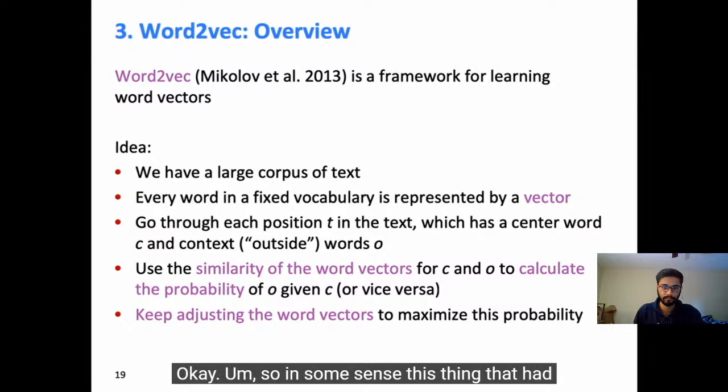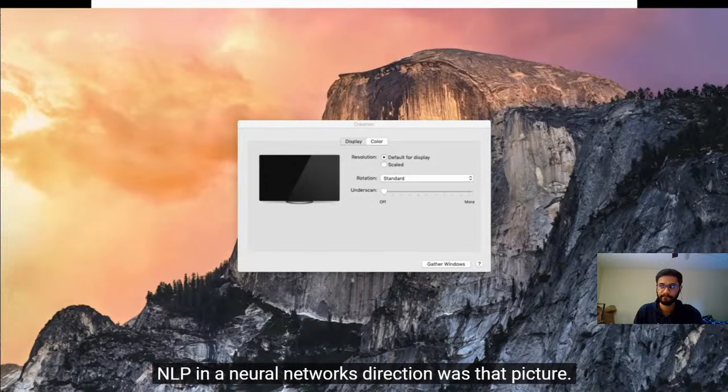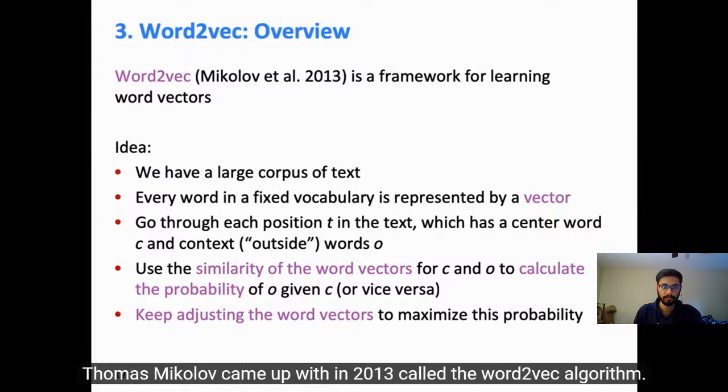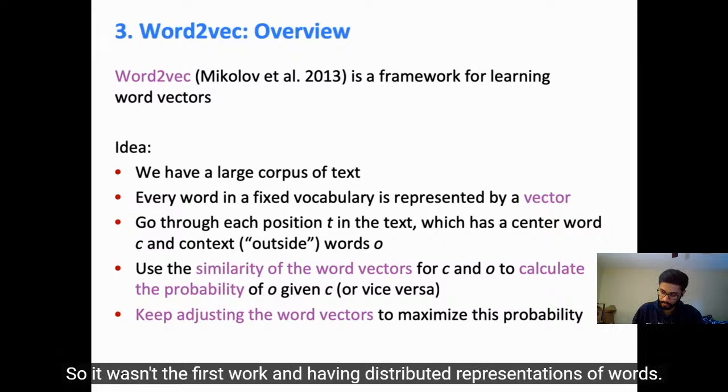So in some sense, the thing that had the biggest impact in turning the world of NLP in a neural networks direction was this algorithm that Tomas Mikolov came up with in 2013 called the word2vec algorithm. It wasn't the first work on distributed representations of words.